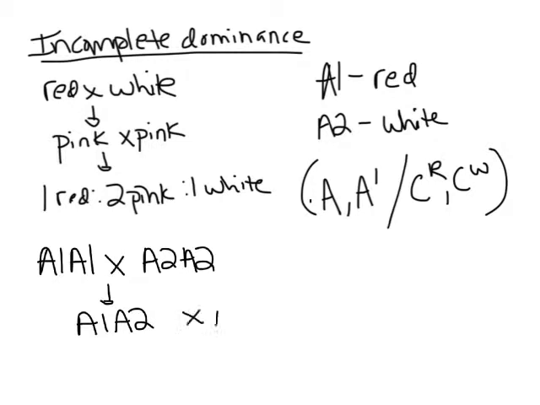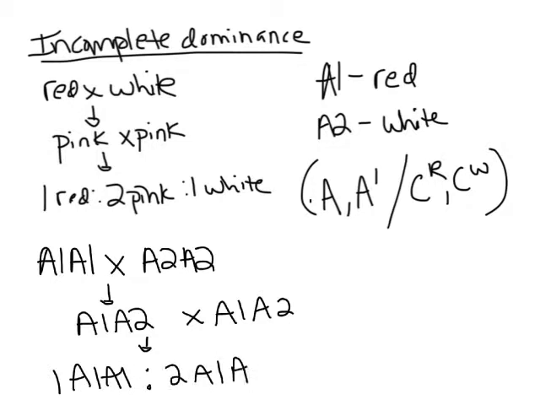Then when we cross it again, it's just like the same old monohybrid cross, and it gets us the same ratio, 1 A1A1 to 2 A1A2s to 1 A2A2. But in this case, unlike complete dominance where these two look the same, now the heterozygote has its own phenotype. And that's really the key feature of incomplete dominance to recognize.